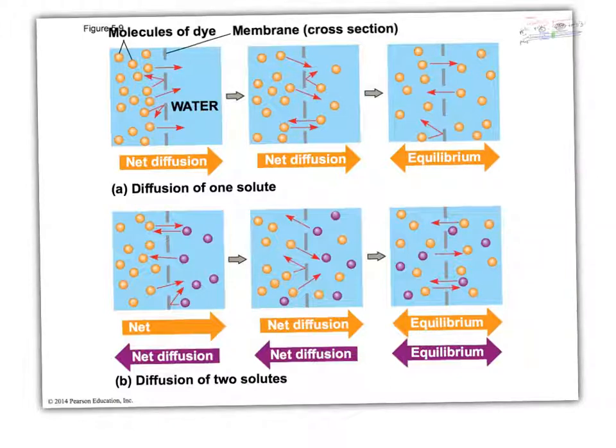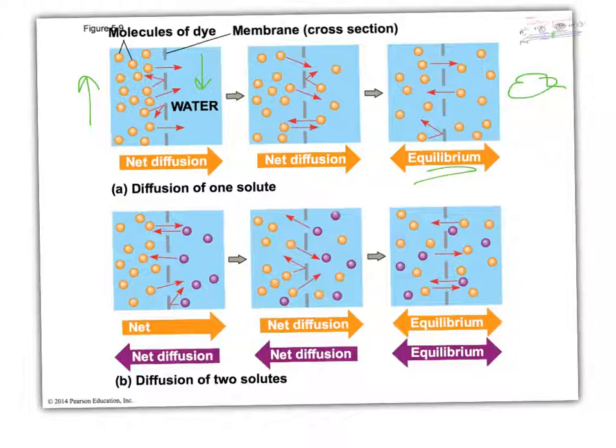So here you have high concentration, over here you have low. So the net movement of molecules is going to be from high to low until it reaches equilibrium. And once equilibrium occurs, then there is movement of molecules in both directions, so the net movement is 0.